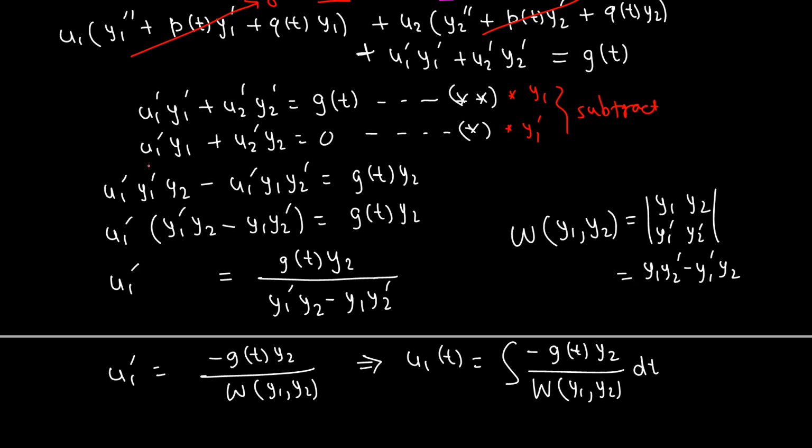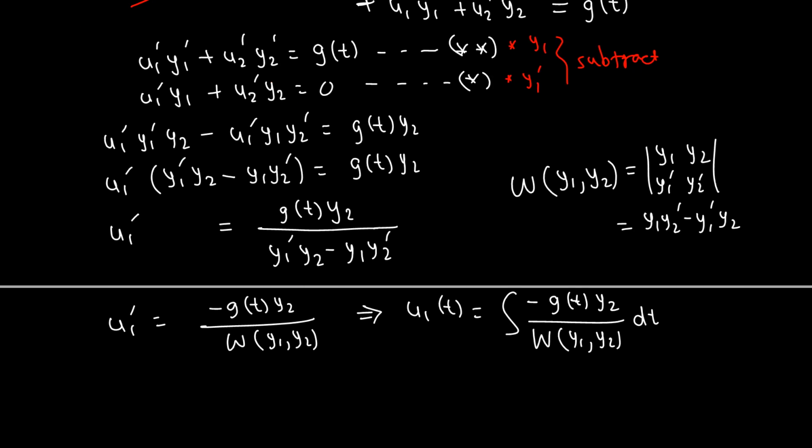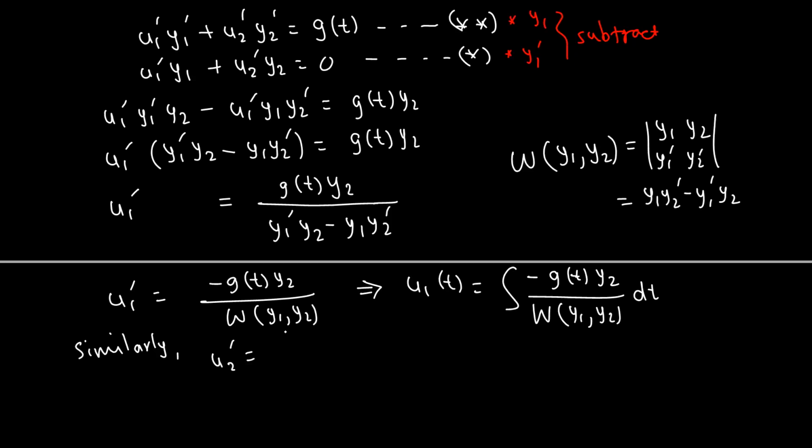Then the first terms cancel and you can factor u2 prime out from the second. Okay, so basically doing the same steps, similarly you're going to get u2 prime, and there will be no negative sign this time. You can check: g(t) y1 over the Wronskian of y1 y2.